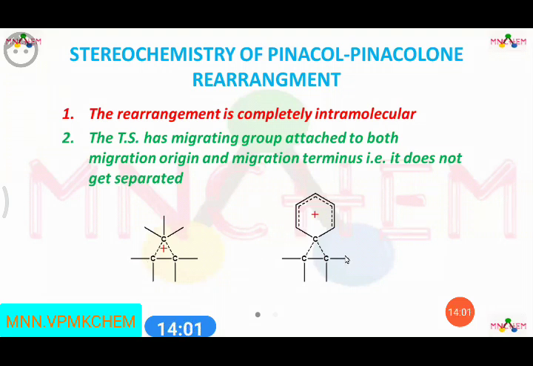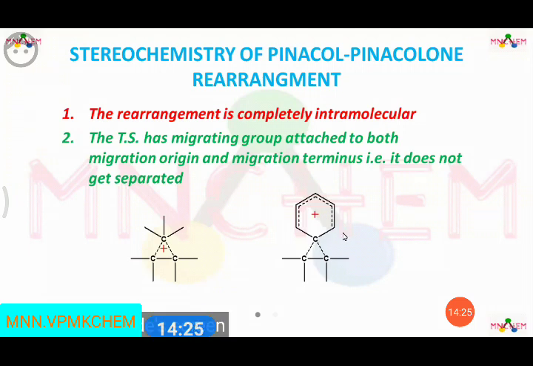When we compare these two cases, when we show migration of an alkyl group, the carbon is pentavalent, whereas when we show the migration of an aryl group, this carbon is tetravalent, which is obviously more stable.